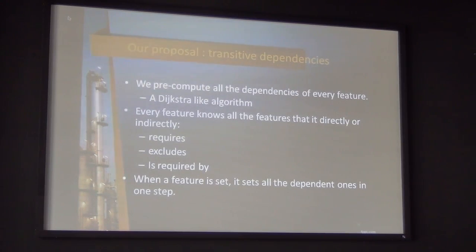So then for every feature, we know all the features that it directly and indirectly requires, and excludes, and we know for every feature which features are required by this one. Okay? So we compute all these sets, and then when we set a feature, it automatically sets all the dependent ones in one step.